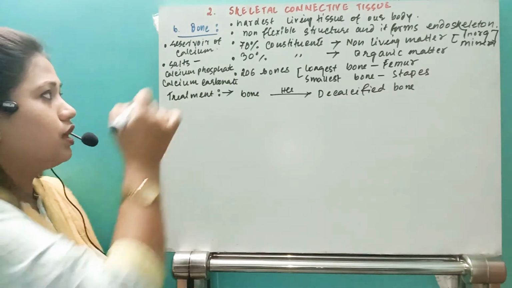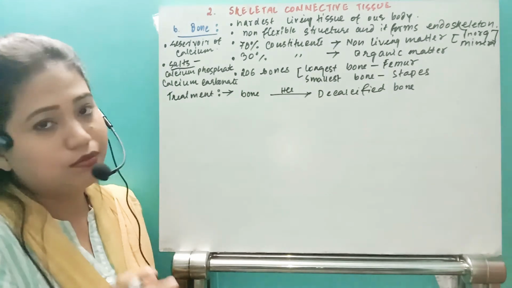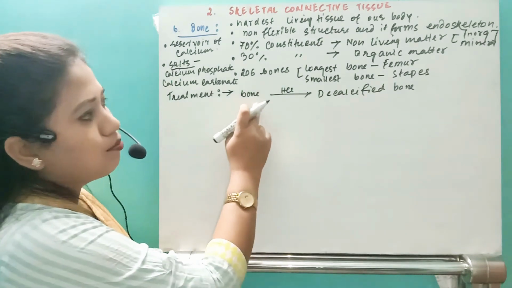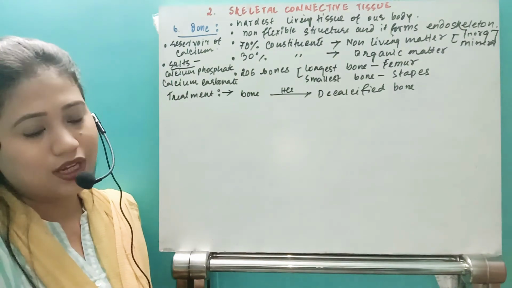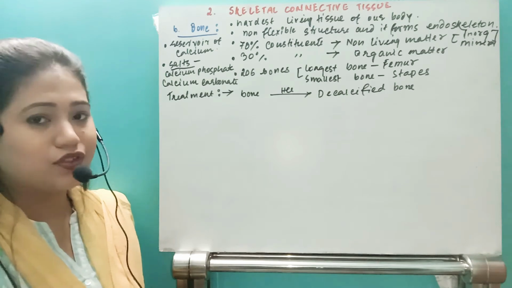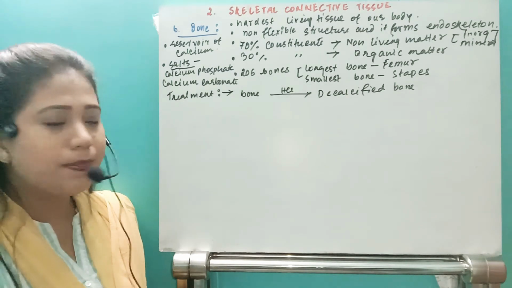Okay, so there are two salts present, calcium phosphate and calcium carbonate. They are chiefly present. Whenever a bone is treated with hydrochloric acid, the calcium part will be shed, it will not be present.